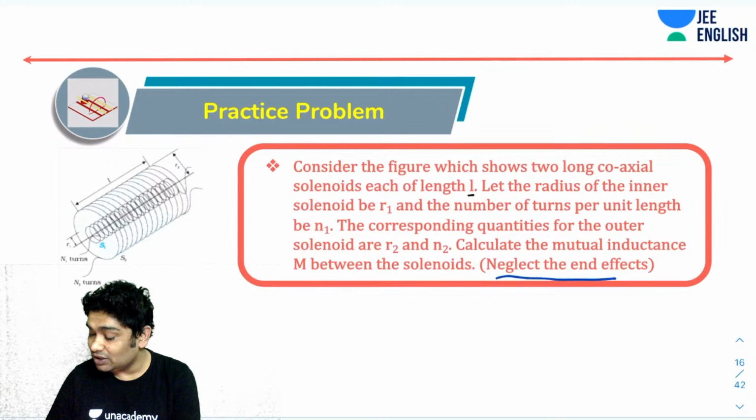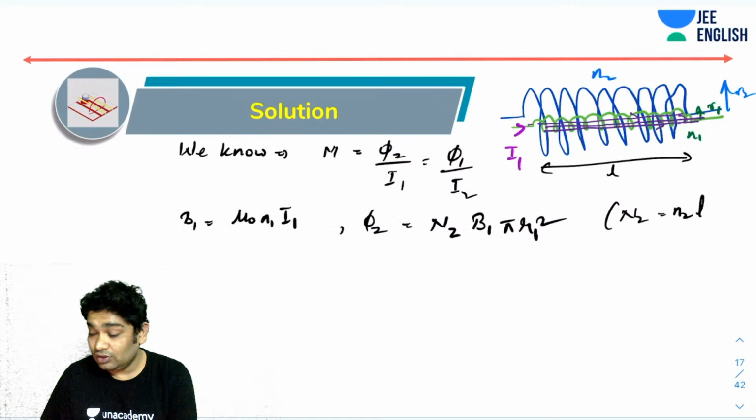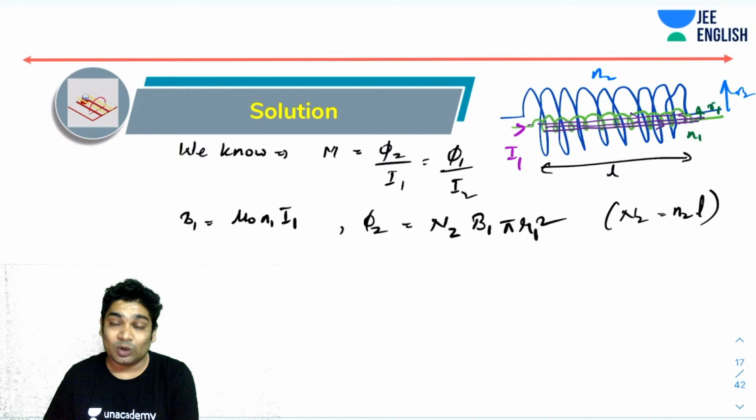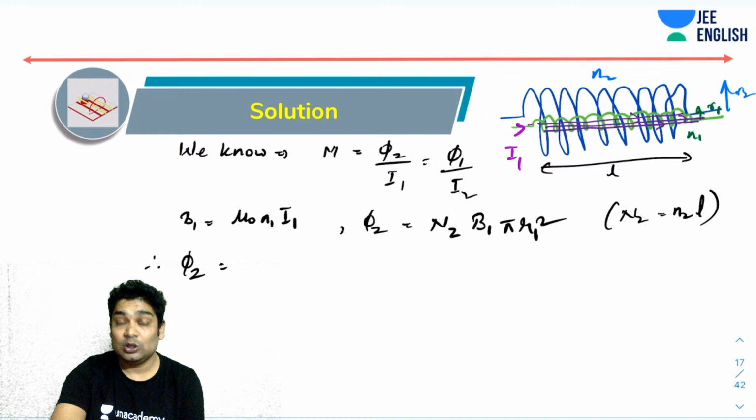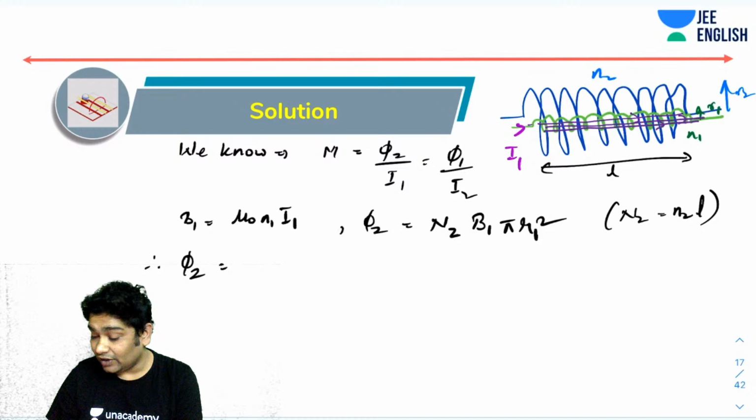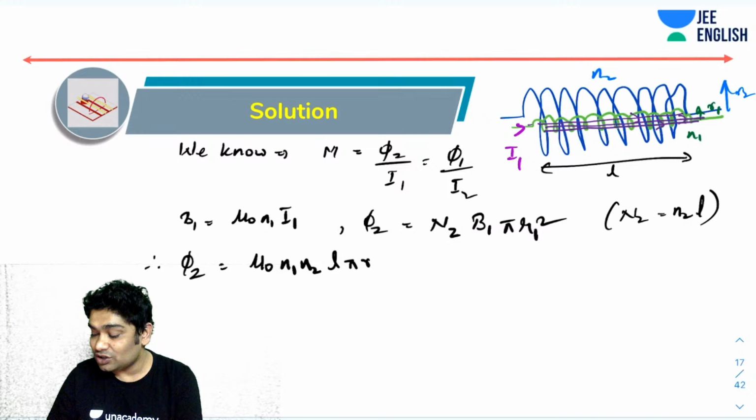The number of turns per unit length for solenoid number 2 was n2, so the total number of turns would be n2 times L. If I use this formula, let's see what I'm getting. Phi 2 becomes B1, which is mu naught n1 I1, times n2 L times pi R1 square.